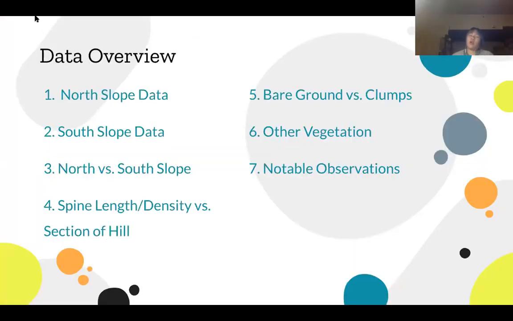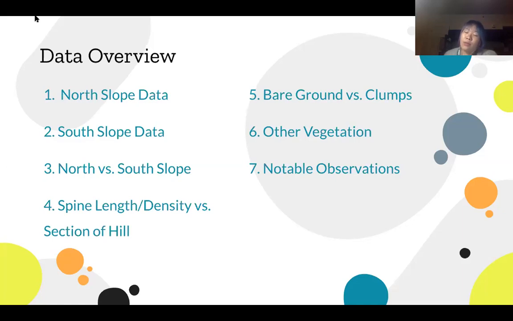So here's how we analyzed the data we collected from the experiment. First, we look at the north and south slope data individually, then we compare them with each other on cacti distribution throughout the slope. We're also looking at the spine length and density of the cacti versus the section of the hill.